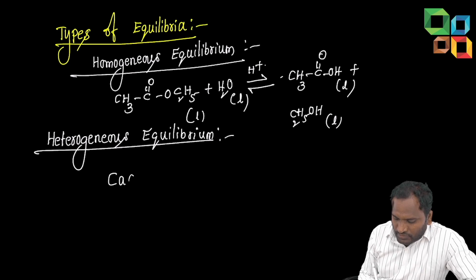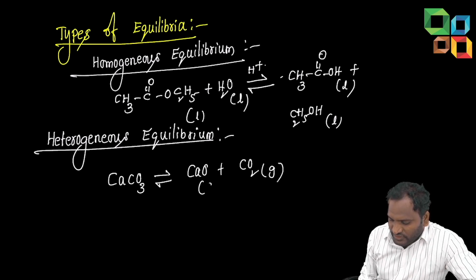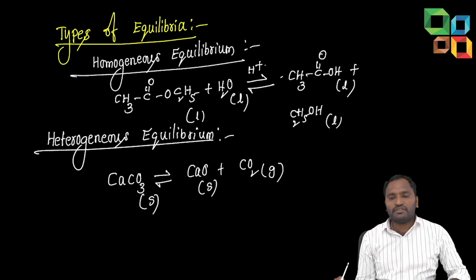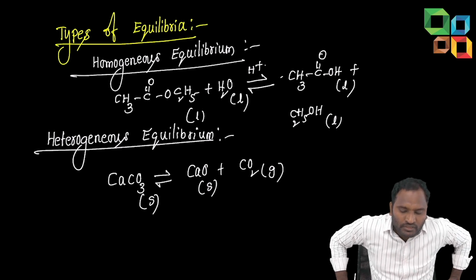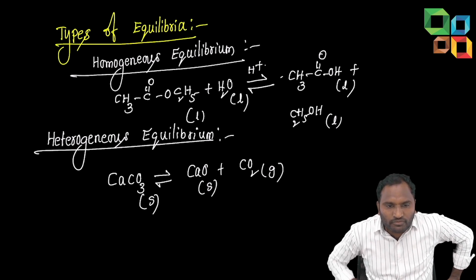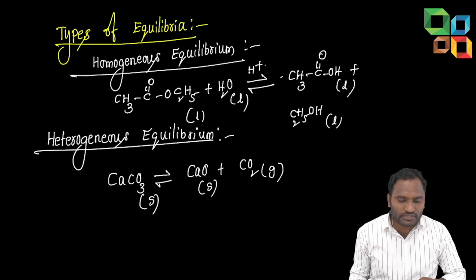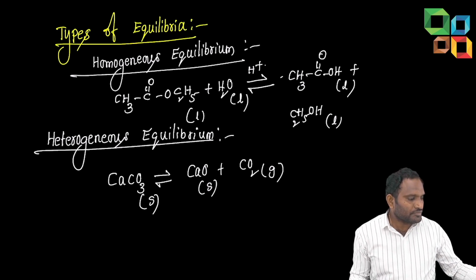Example, CaCO3 on decomposition gives CaO plus CO2. Here CO2 is in gaseous state, CaO and CaCO3 both are in solid state. So they are not in the same phase. This is an example of heterogeneous equilibrium. So we'll solve some questions, students.